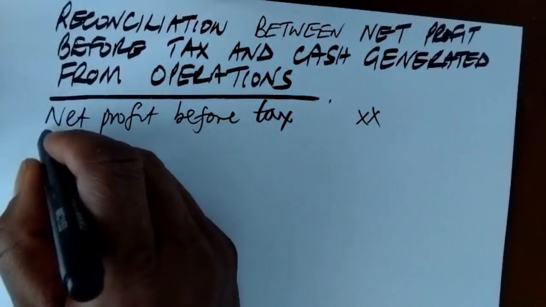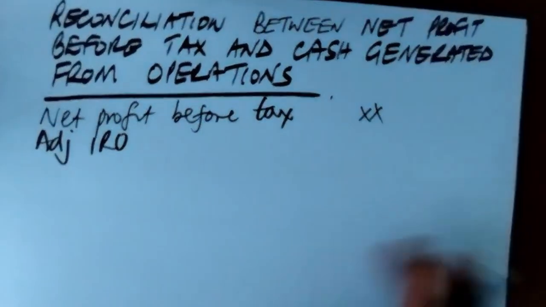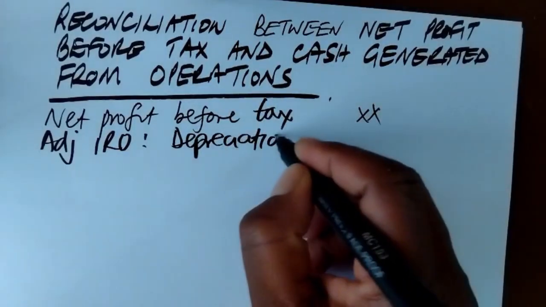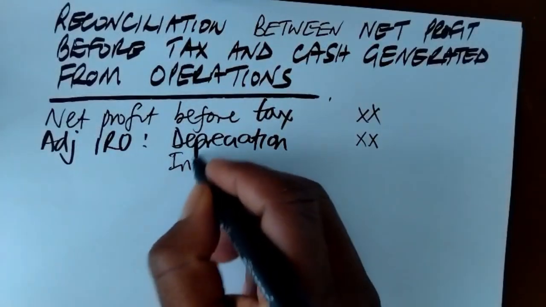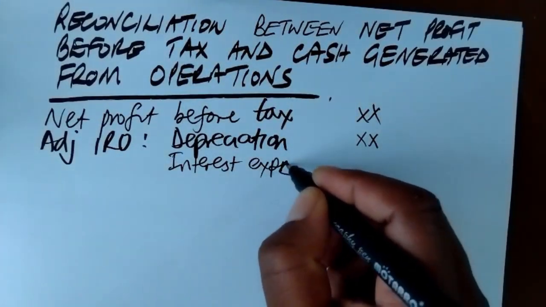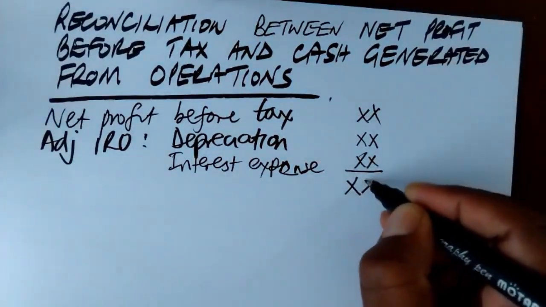Now, I'm going to make adjustments in respect of, first one is depreciation. So depreciation has to be added back because depreciation is a non-cash item. And then interest expense has to be added back because interest expense using materiality is shown as a separate figure.